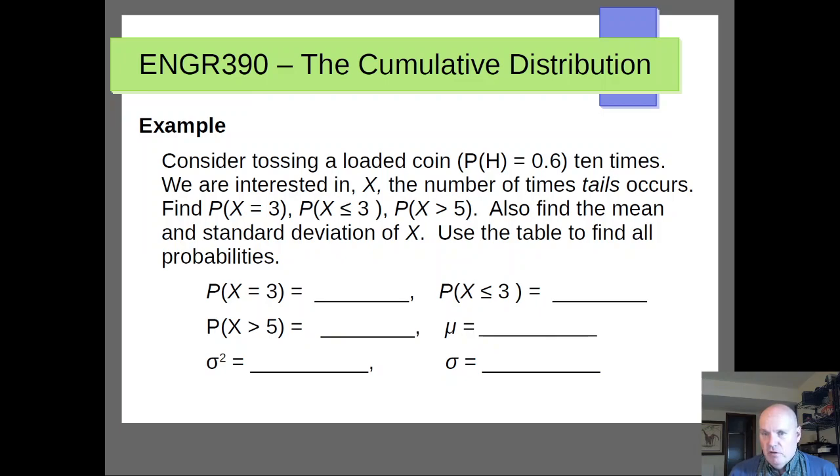And then I also ask you to find the mean and standard deviation. Use the table to find all probabilities. So pause the video, look at the reference table either on your computer and work these out, or print it out and see if you can find these probabilities. I'll pause just a second and then continue on.